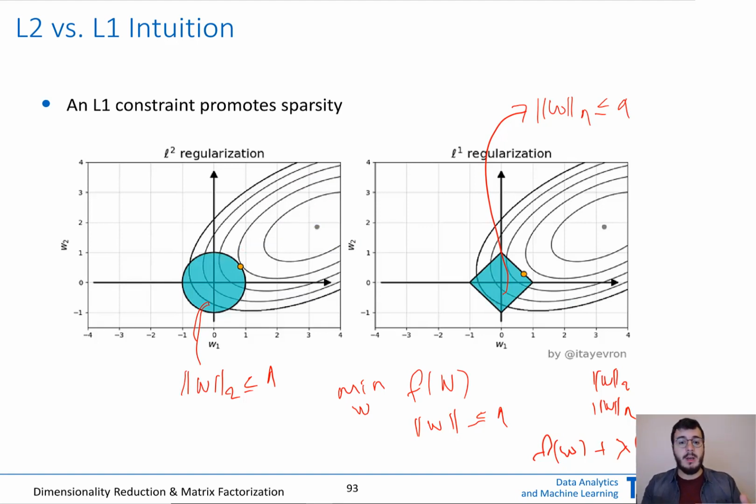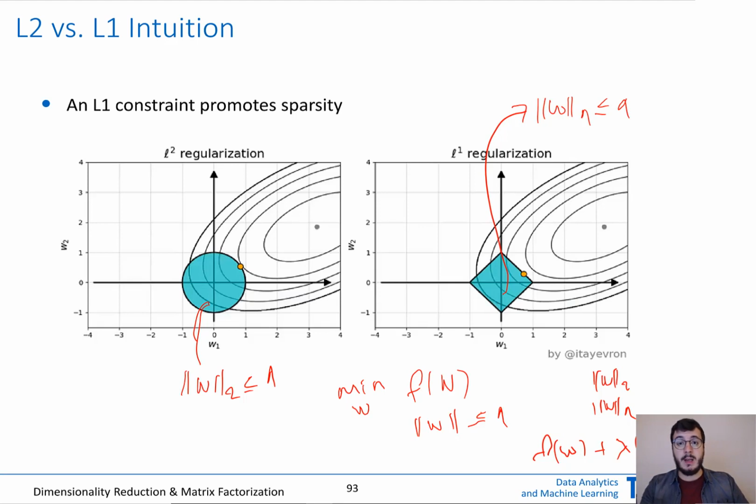So in general, if we did not have a constraint, this would be the minimum in both cases. But now, because we have a constrained optimization problem, we're looking for the point within this shaded region which is as close as possible to the minimum. And in this case versus this case, we see that the solution is slightly different.